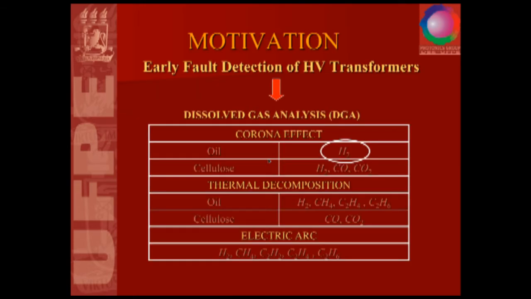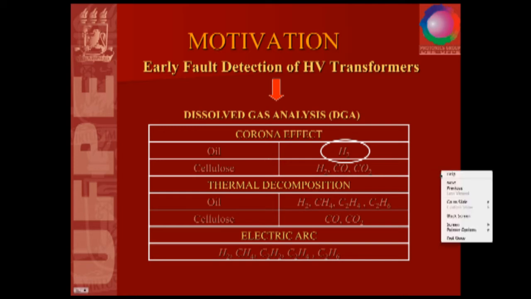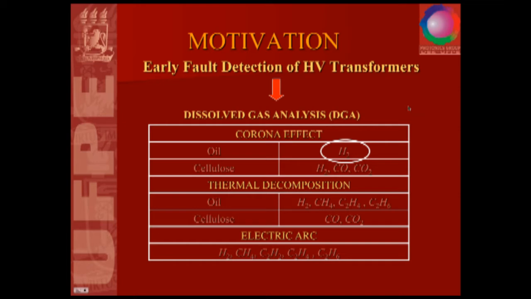I'm coordinating a project in Brazil in our laboratory directed to developing a sensor system for early fault detection of high voltage transformers. This is usually done by dissolved gas analysis when some malfunction starts to take place in the equipment.